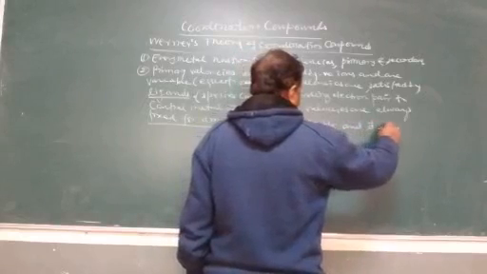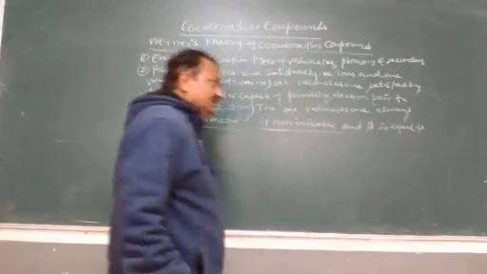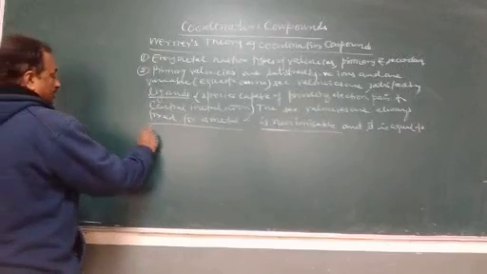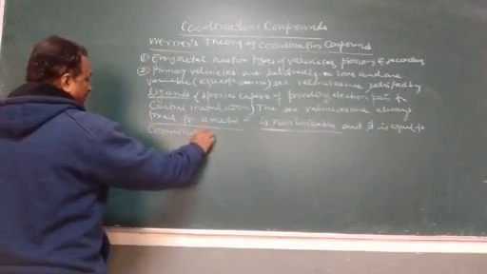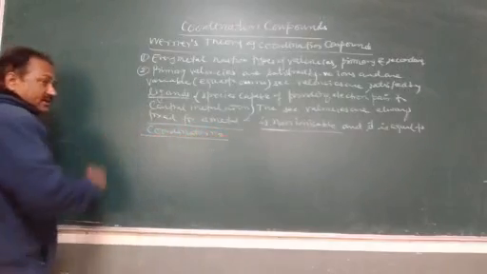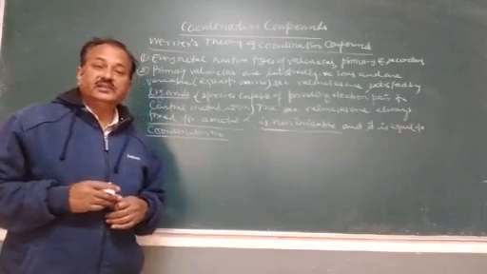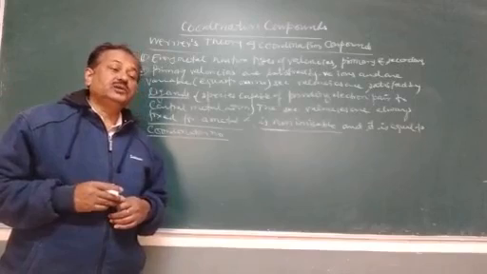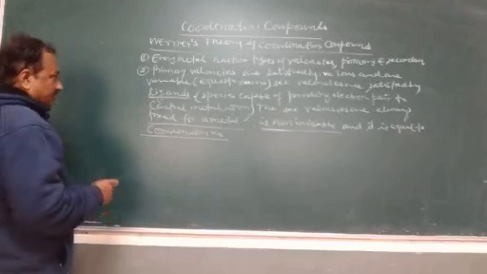It is equal to the coordination number. So the number of ions surrounding the central metal atom is equal to the coordination number. So this is the second point.